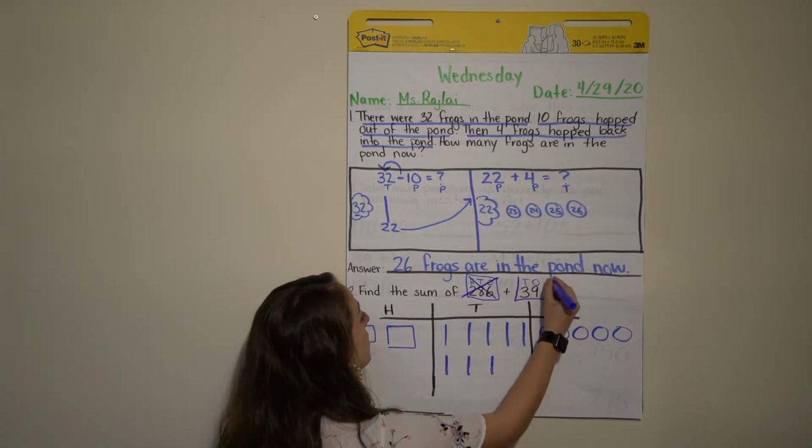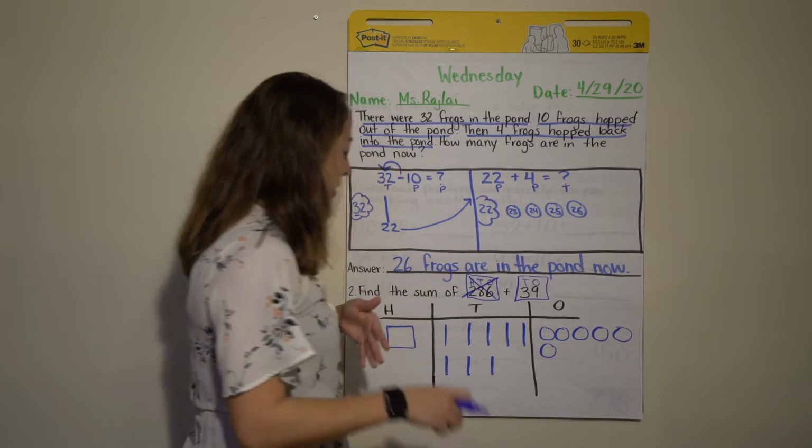Now you need to do this number, 39. You only have tens and ones.